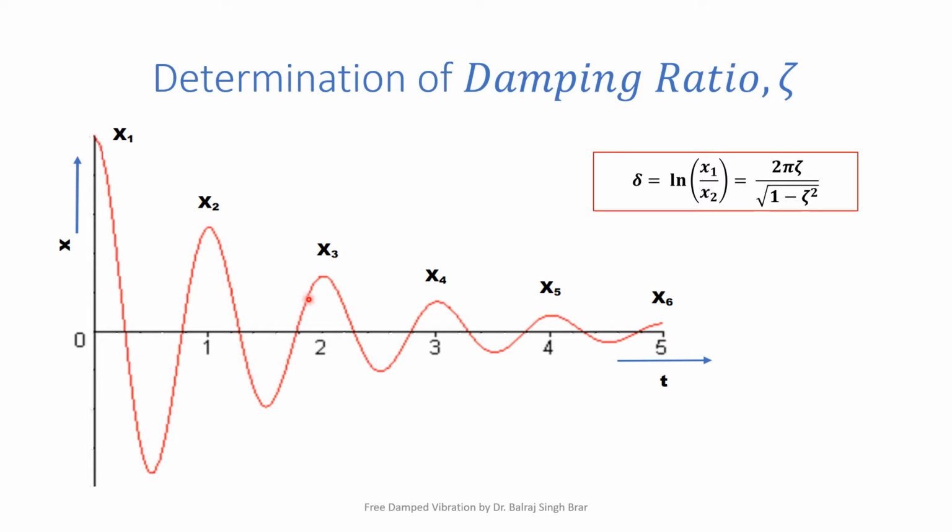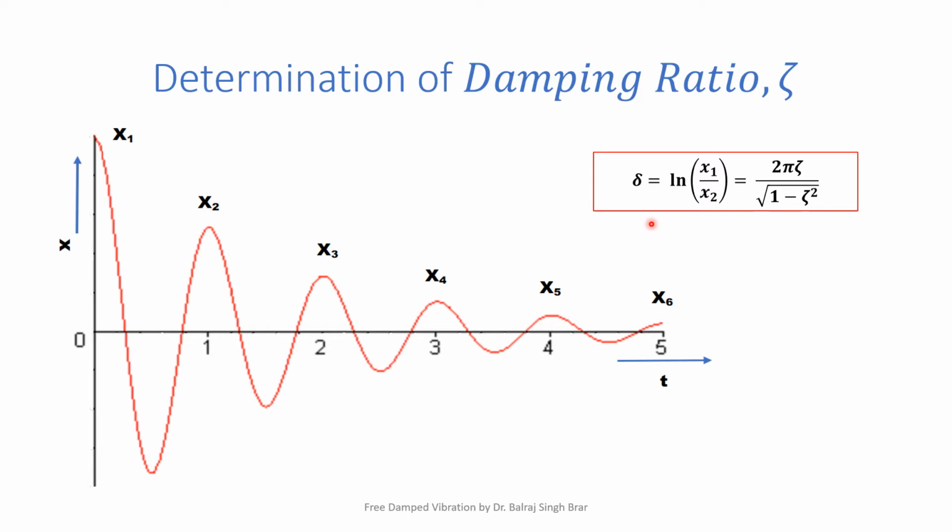After 2 cycles, x3, 3 cycles, x4, and so on. And this decrease in amplitude is exponential in nature.